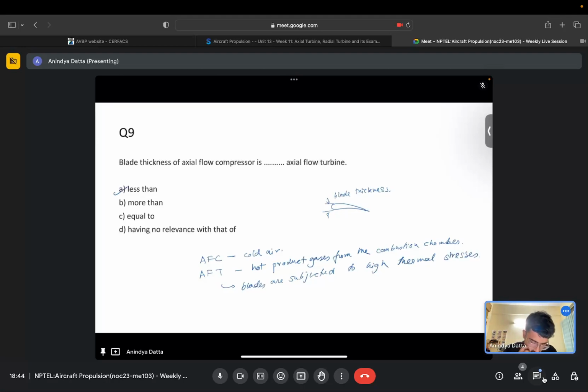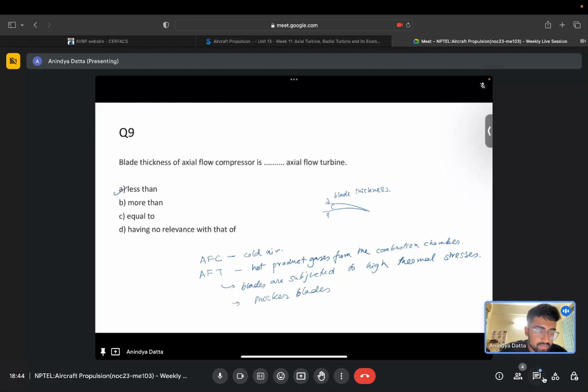So that's why we have to provide them with thicker blades, to withstand those thermal stresses. Also, blade cooling is necessary so that the blades do not fail under the influence of these high thermal stresses. Turbine blade cooling is in the week 12 module, where they discuss the different methods of turbine cooling.